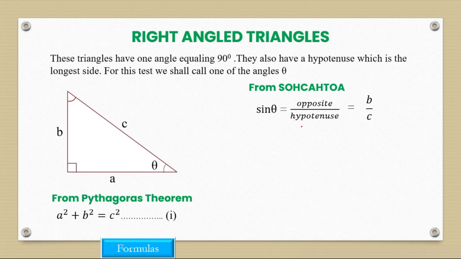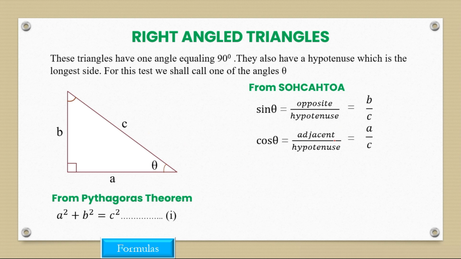So using sine theta, we can see opposite over hypotenuse. The opposite is equal to B and the hypotenuse is equal to C. So we have B over C. And then we have cos theta. So cos theta, we said, is AH, which means adjacent over hypotenuse. The adjacent of this angle theta is A, and we have C as the hypotenuse.